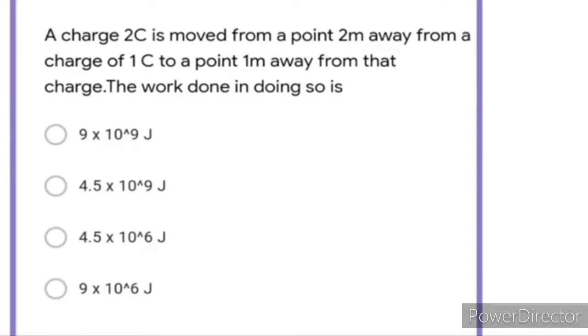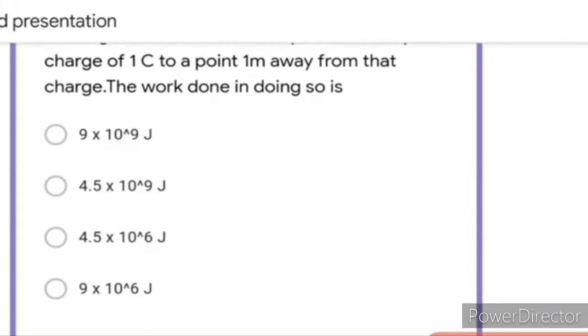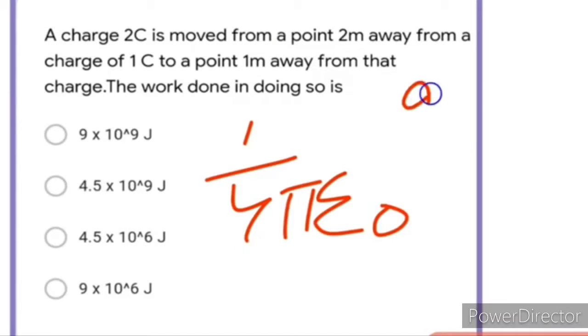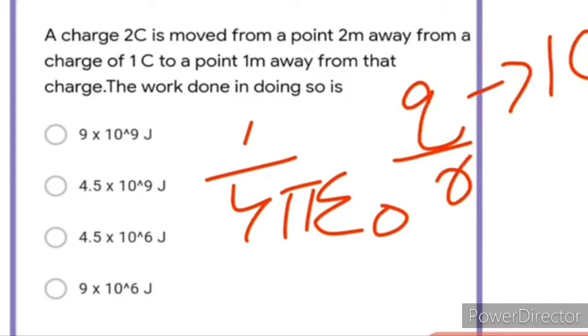So potential you can calculate using the equation 1 by 4 pi epsilon 0 Q by R. In that equation, Q is what? 1 coulomb. So at 2 meter distance, you will have 4.5 into 10 raised to 9 volt. And at 1 meter distance, the potential is 9 into 10 raised to 9 volt.